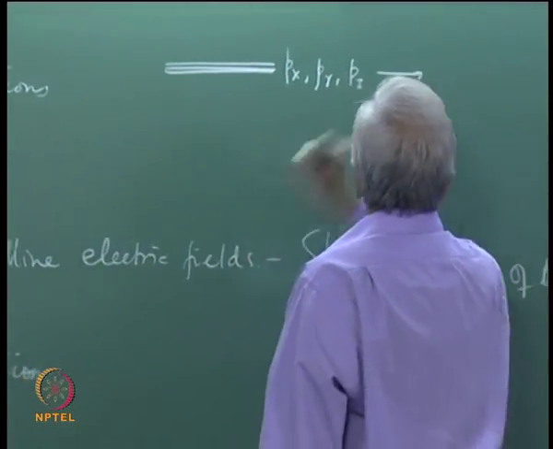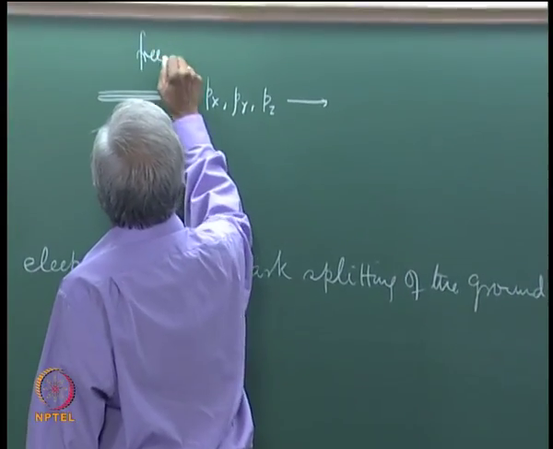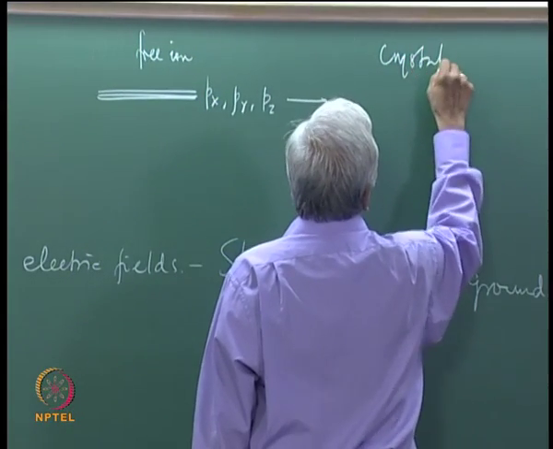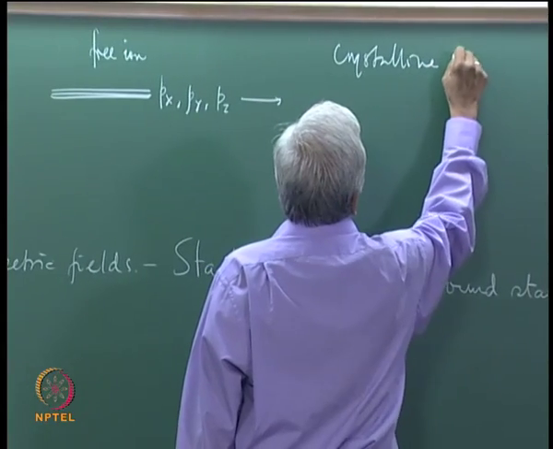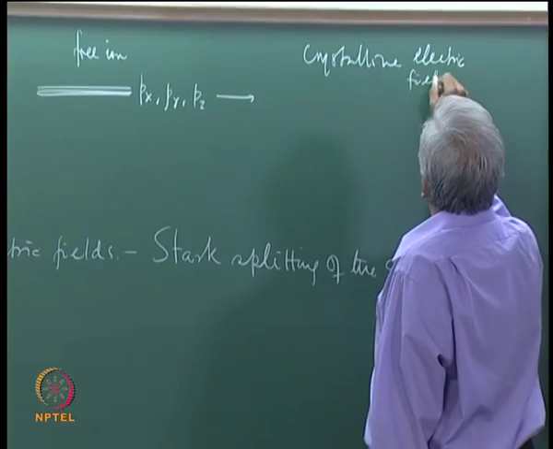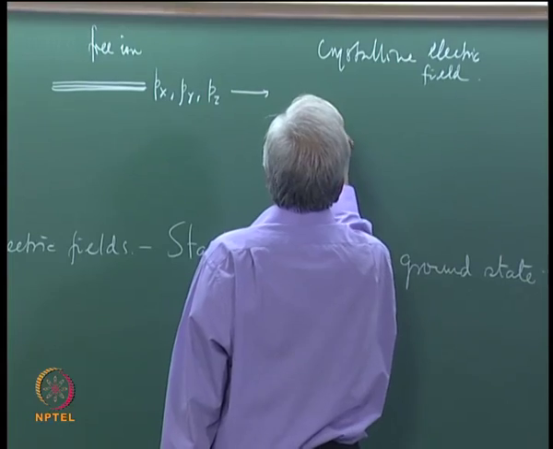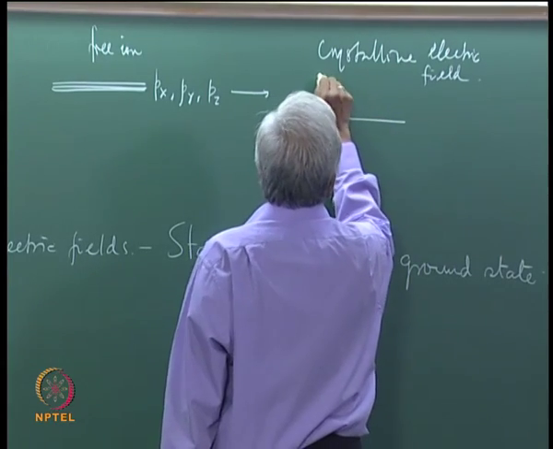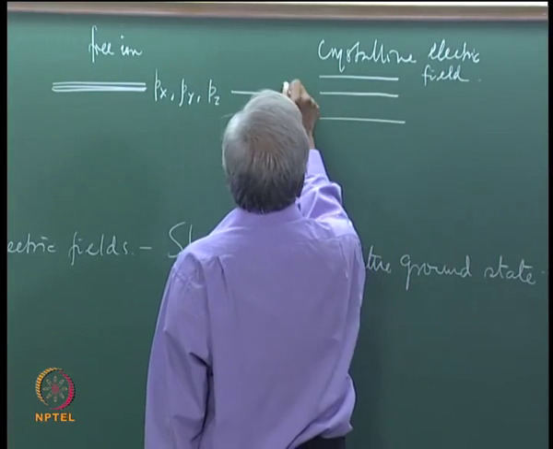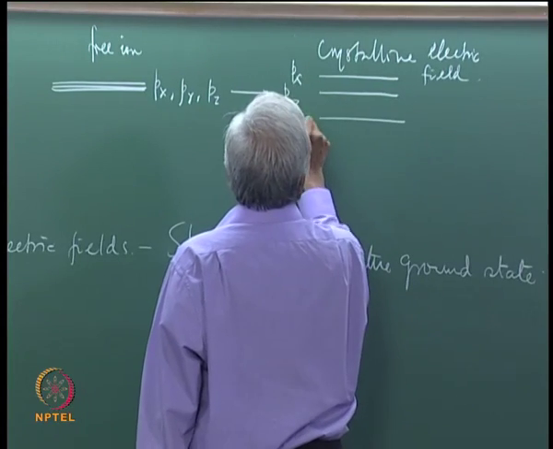Now, this degeneracy is lifted by the crystalline electric field due to the ligand, and therefore, the py gets lowered, the px gets increased and the pz remains the same for the configuration that is shown in the figure.